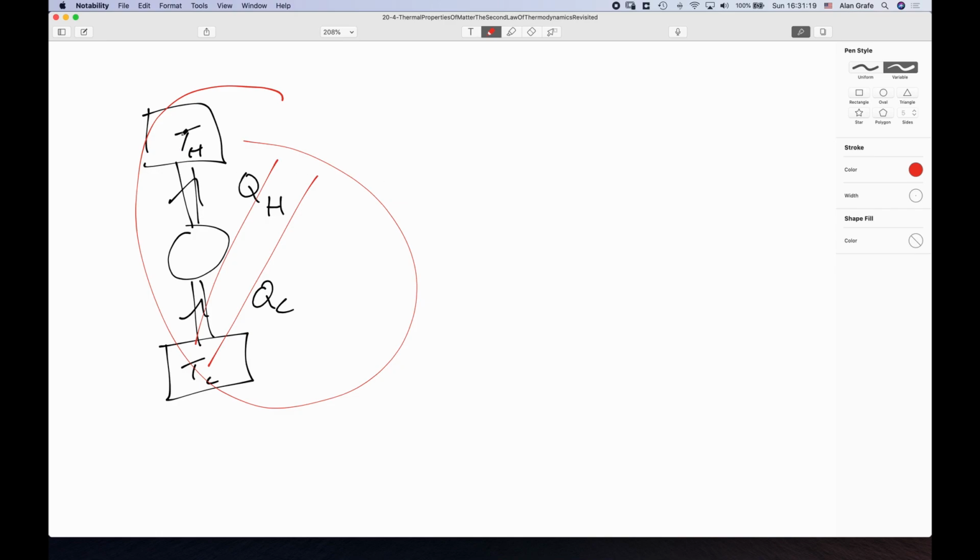So here, if this is a spontaneous flow, Q hot has to equal Q cold has to equal Q. So we can calculate the change in entropy of the hot reservoir. Heat's being transferred in, so it'll be plus Q over T hot.